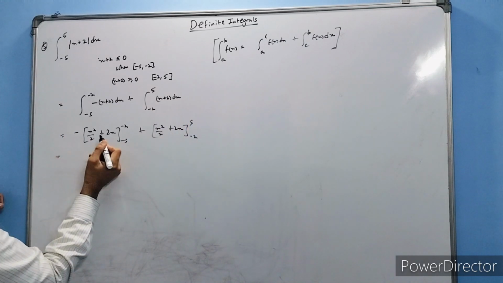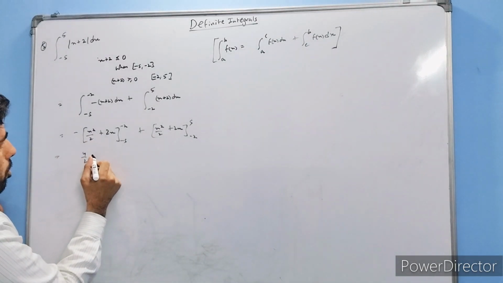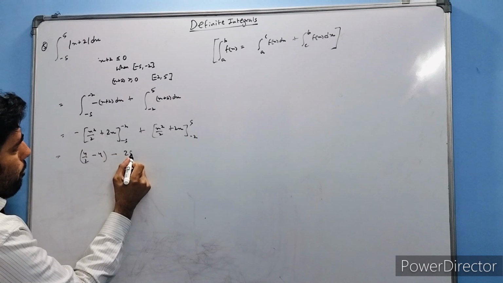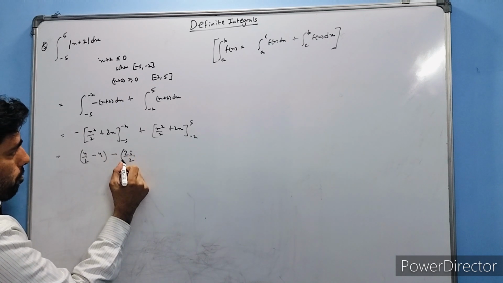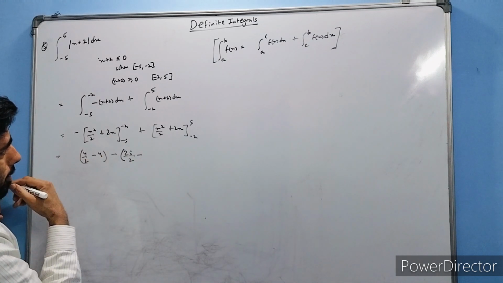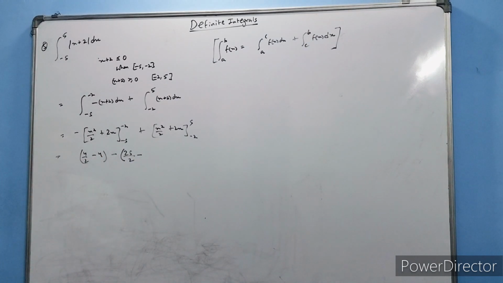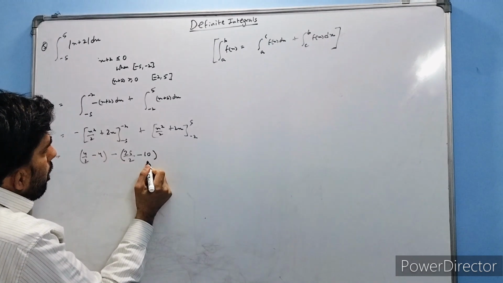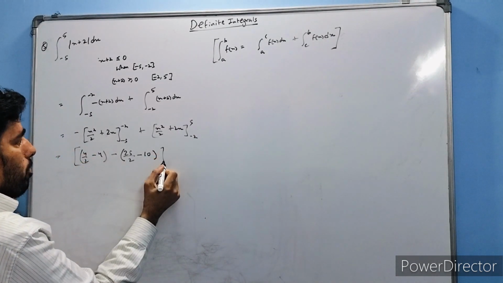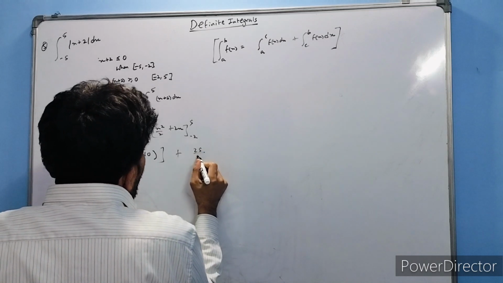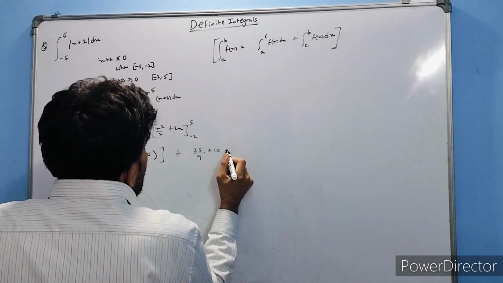Now let us apply. I will get 4 upon 2 minus 4 minus 25 upon 2 minus 10. Minus 10 we have, and here we have a negative sign, so plus 25 by 4 plus 10.